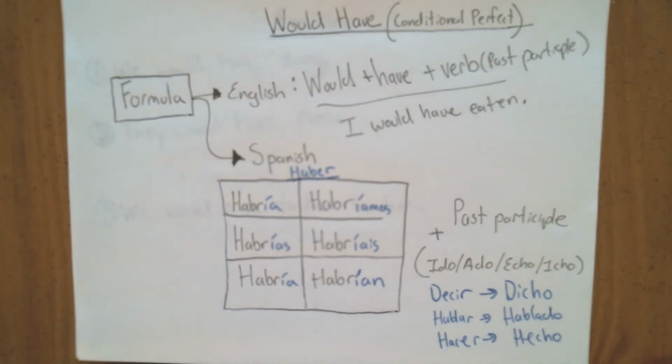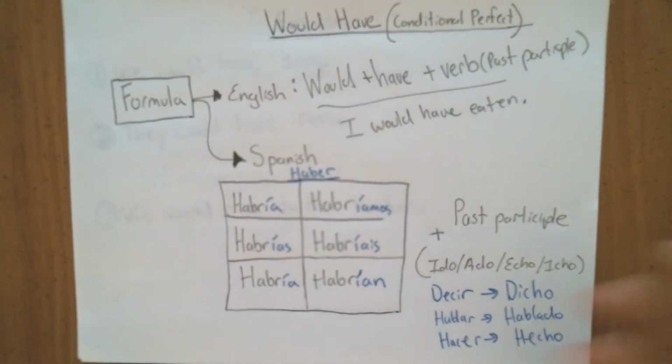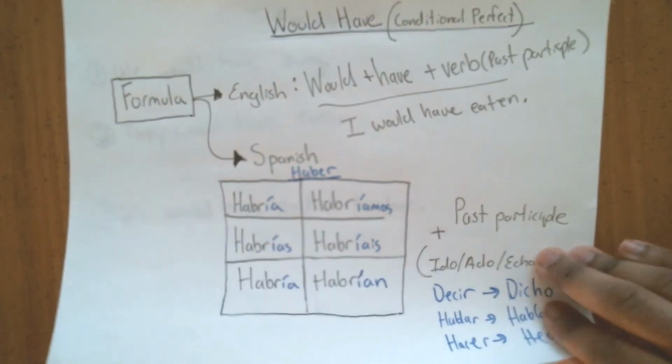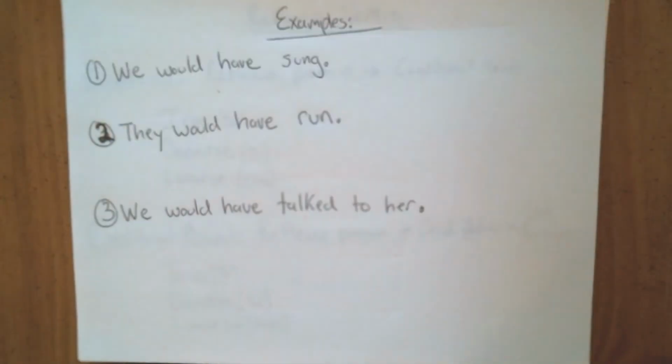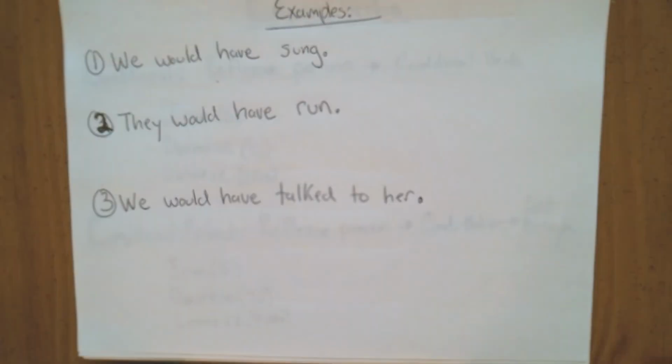So basically in Spanish, what you just do is your verb for have is already in the would form. All you do is put your past participle after it. So let me give you some examples of this. So it says, we would have sung.